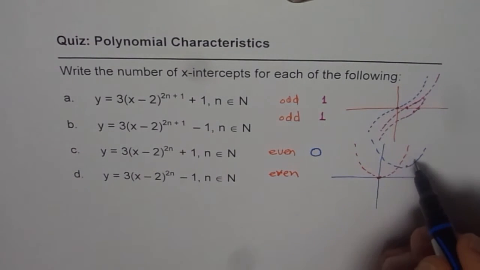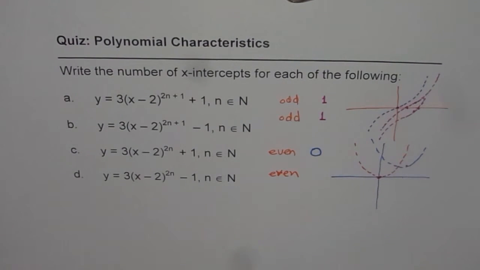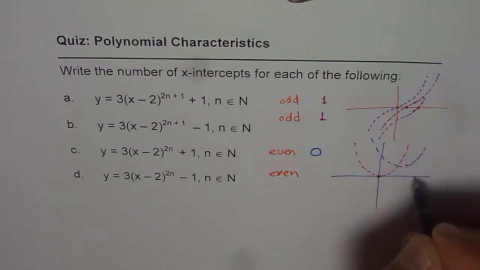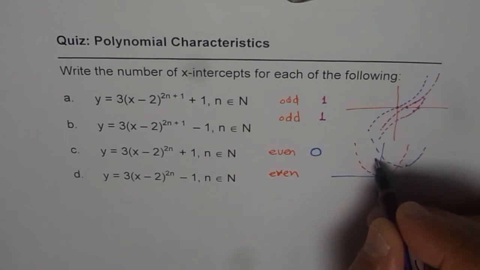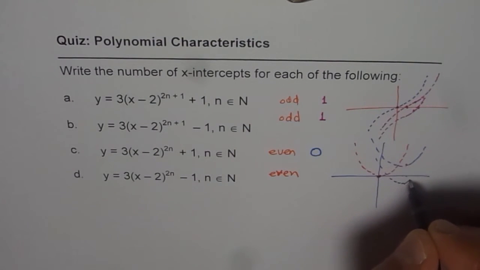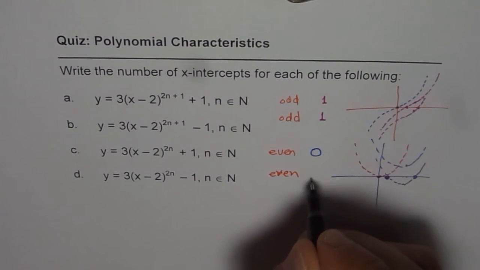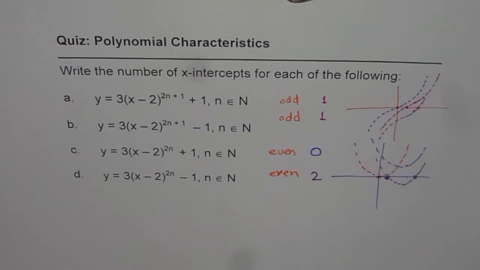But if I move this down, then what happens? If I move this point right and down, in that case, we have 2 x-intercepts. Correct? So that is how it changes.